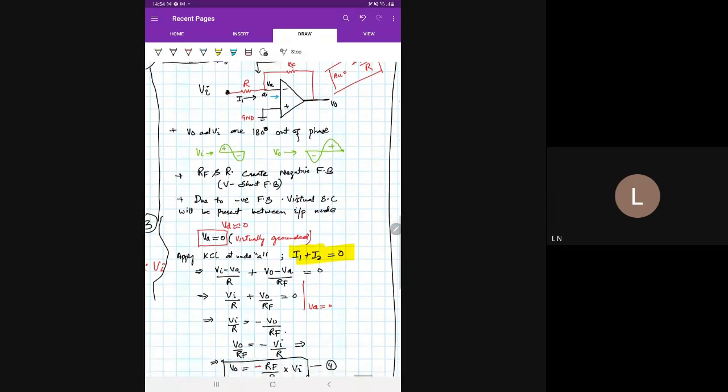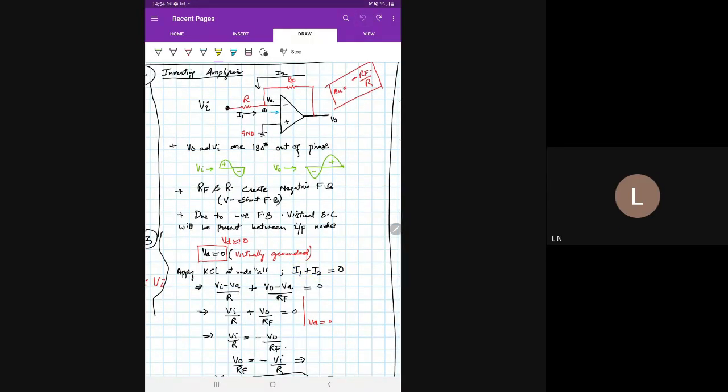What is I1 equal to? I1 is equal to VI minus VA divided by R. So it is the difference in voltage divided by the resistance of the branch. That is the current in the branch. Similarly, what is the current in the feedback path, where RF is present?